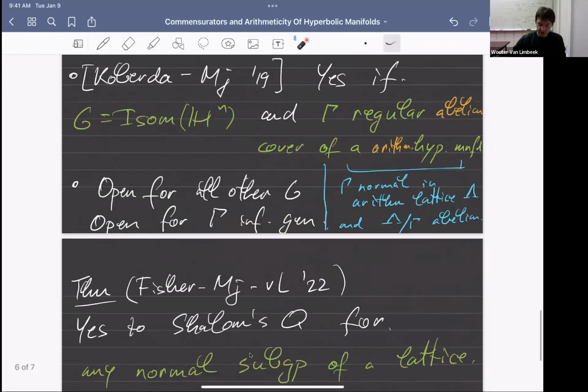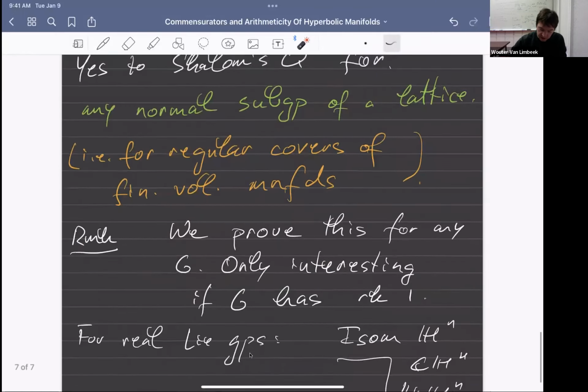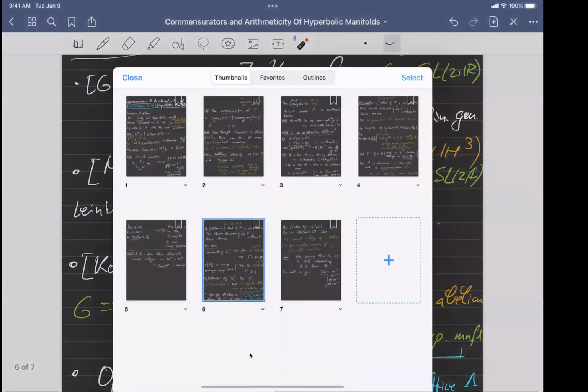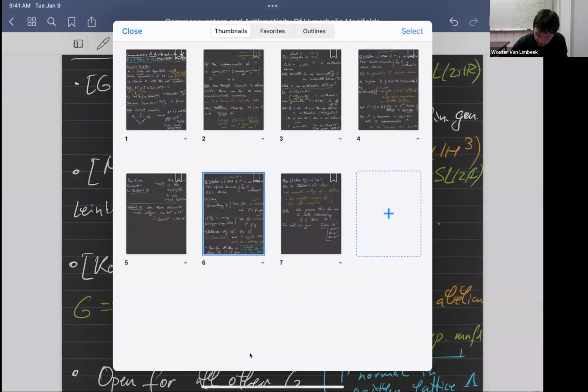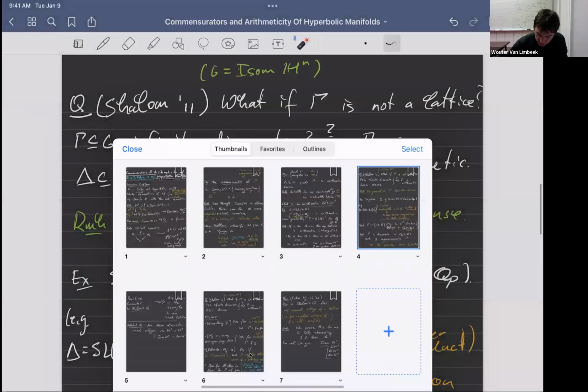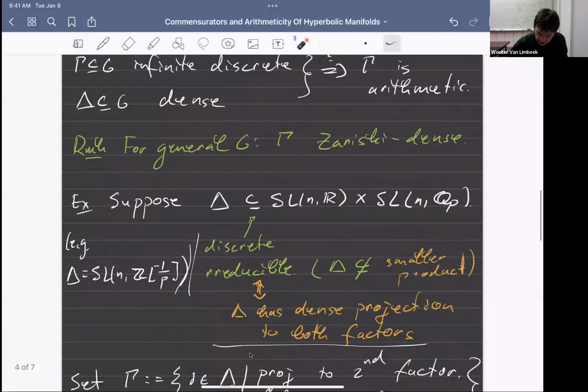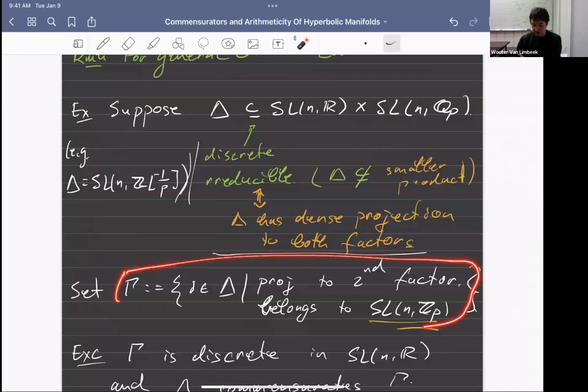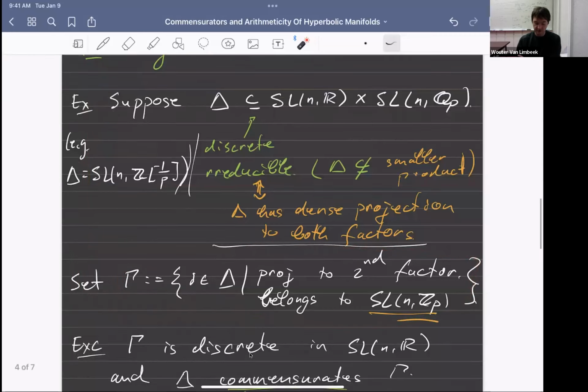Yeah, good question. And the reason that I think infinitely generated is particularly important to cover is because if you do this construction for the irreducible lattices in products, which is really where my interest in this problem came from, then these gamma that you get out of this construction are surely infinitely generated.